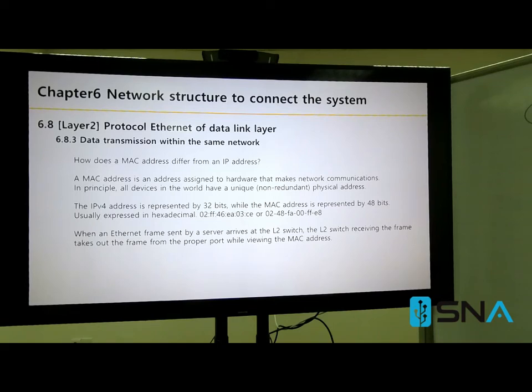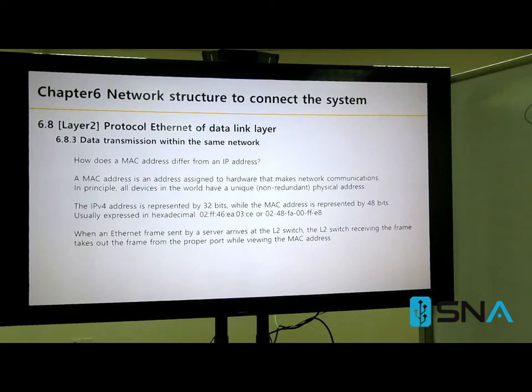The IPv4 address is represented by 32 bits, while the MAC address is represented by 48 bits, usually expressed in hexadecimal. Do you know hexadecimal? Maybe. From 0 to F, right?